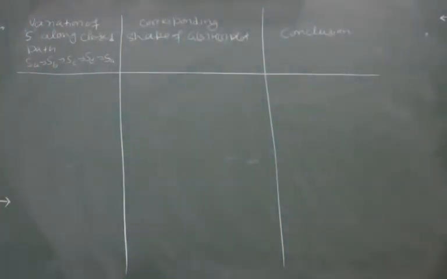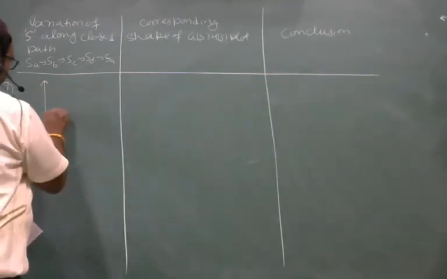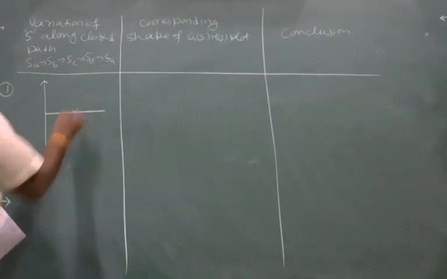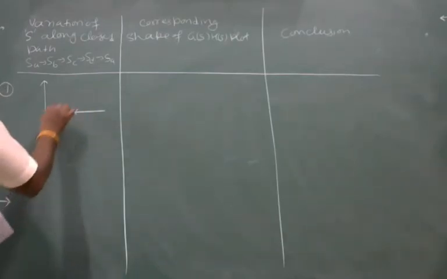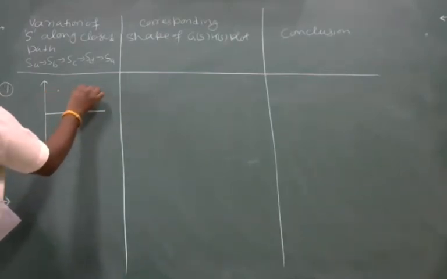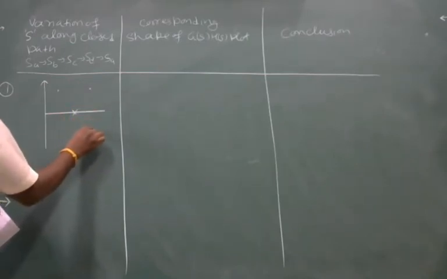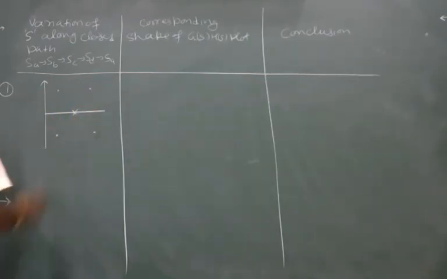So first we have a diagram like this. Here we have a pole and we have 4 points.